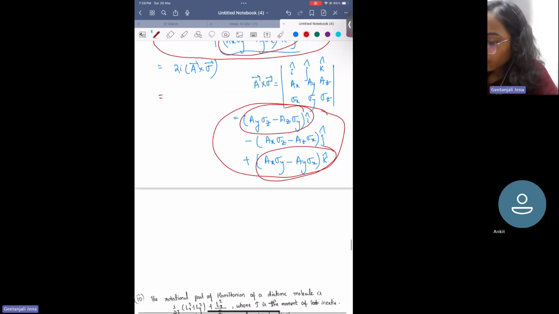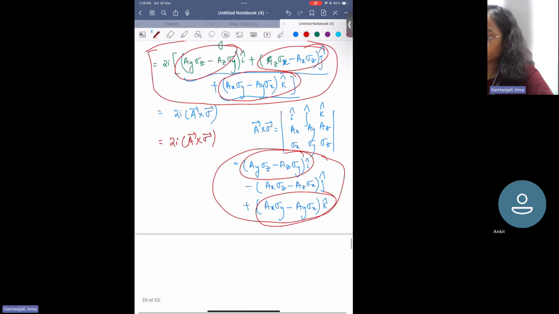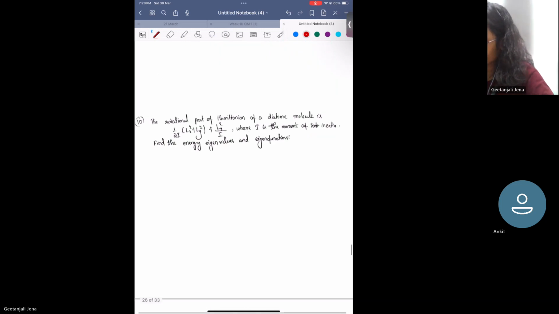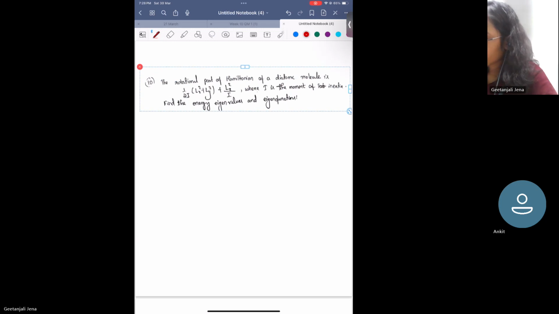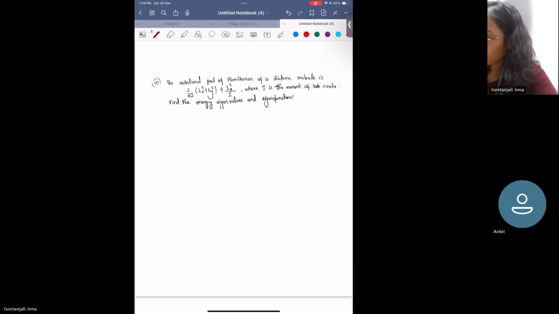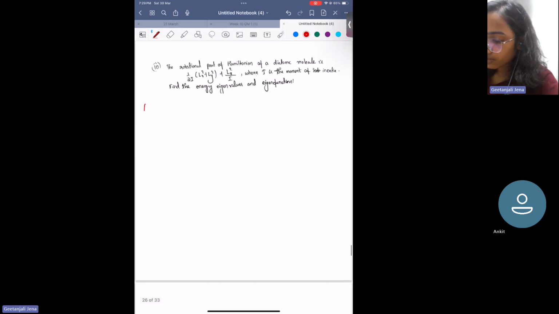So that means this is equal to 2i curl of A with sigma. Okay. So this question was based on the Pauli matrix. Let us move to the next question.